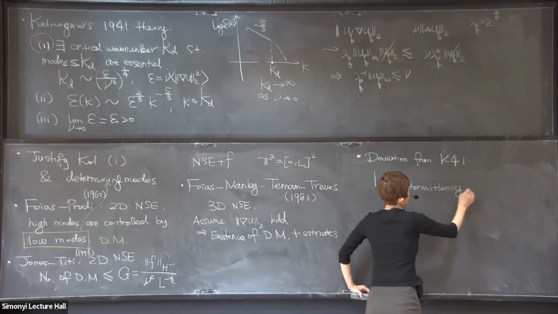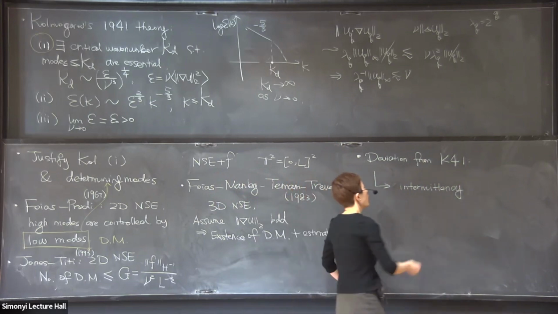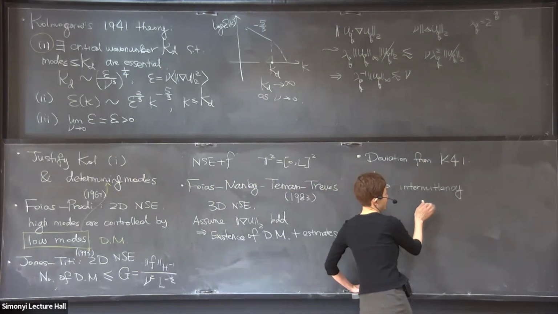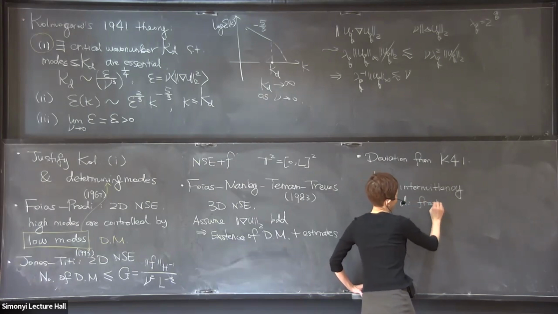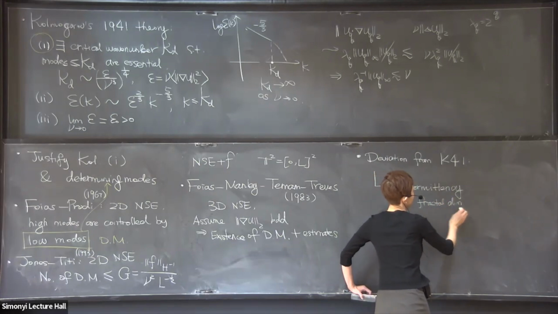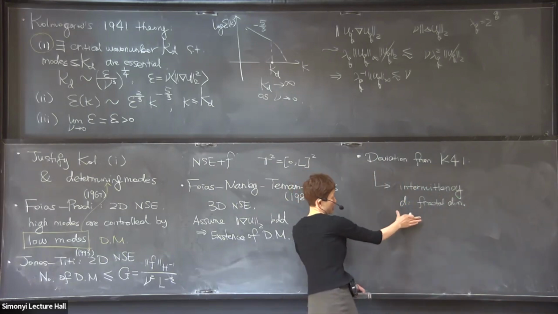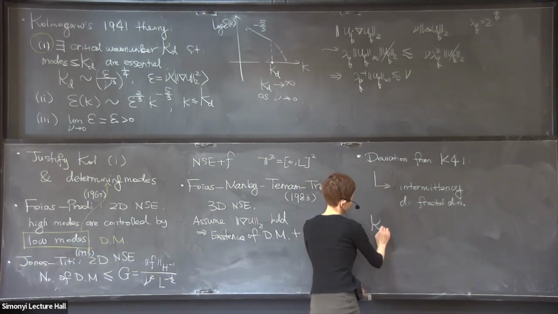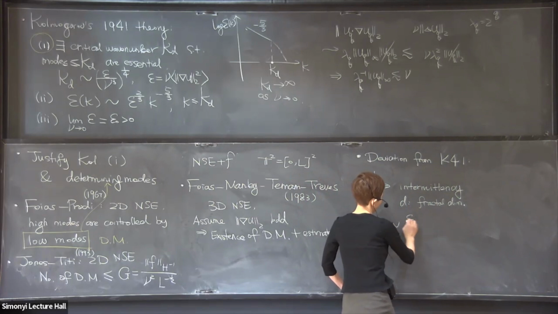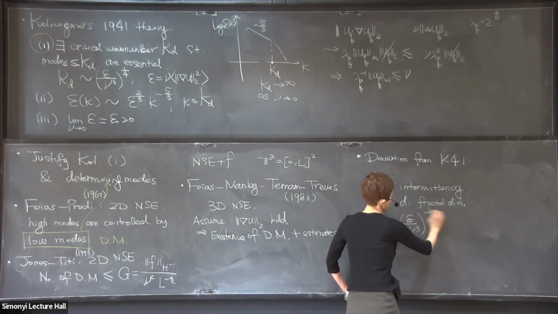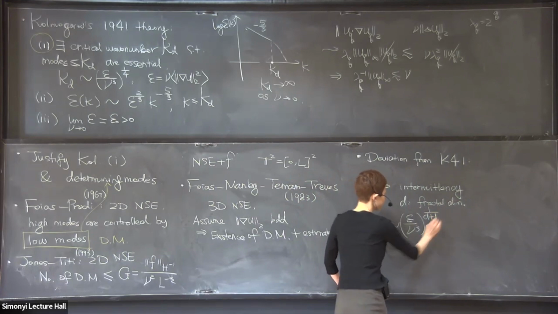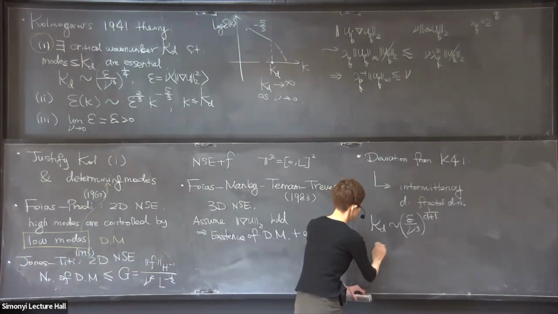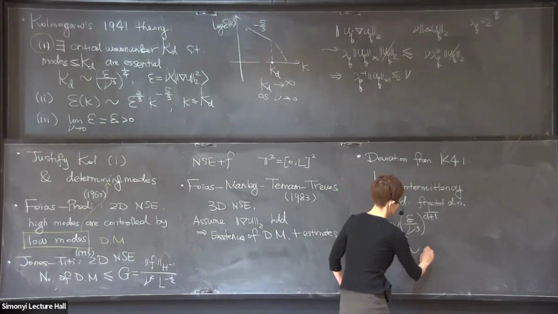Physicists introduced intermittency, and they have a physics notion, D, a fractal dimension to measure the intermittency level. And then with the correction of the intermittency fractal dimension, the scaling of the Kolmogorov wave number is given by here, and the energy spectrum is given by.